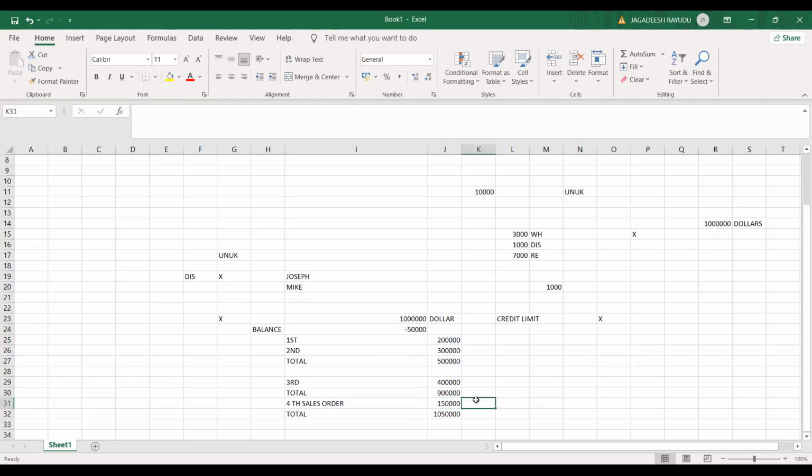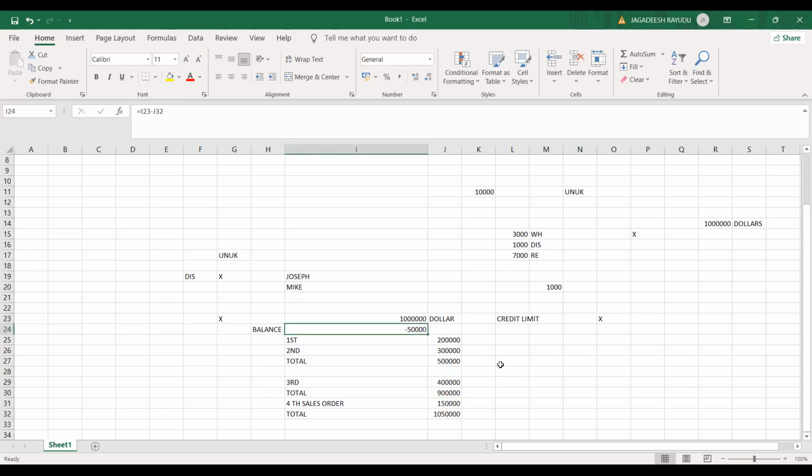In such cases, what happens? Immediately the customer is notified: you are in deficit of another 50,000, please pay the amount back, either fully or partially. Let's take an example. If you pay this 50,000, you can utilize it. Still, you are supposed to pay another 10 lakhs of the credit limit.